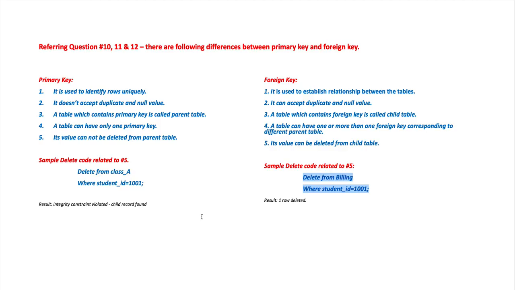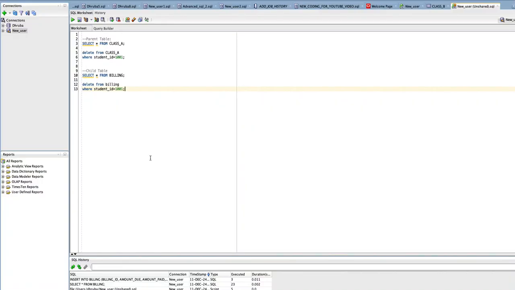And we can run this sample code, which corresponds to the fifth point, in our Oracle developer window and observe the result. Let me open Oracle developer window and run this simple code. This is Oracle developer window. We have two sets of code.